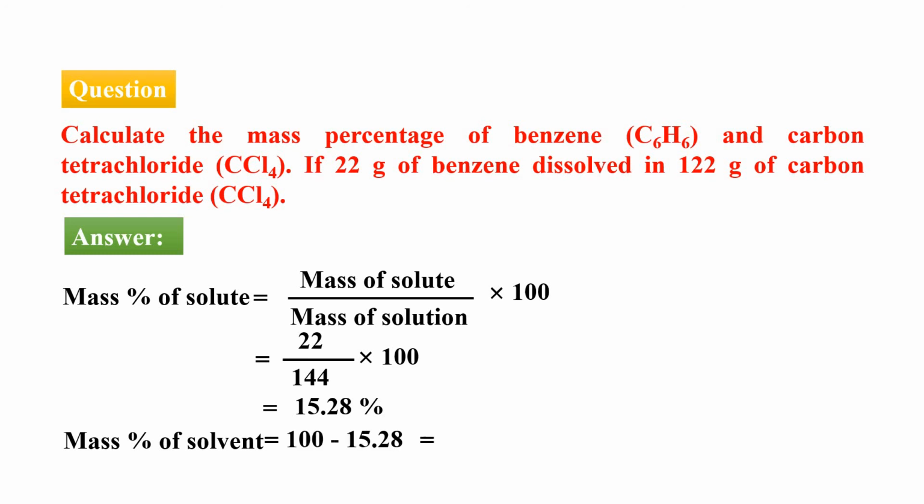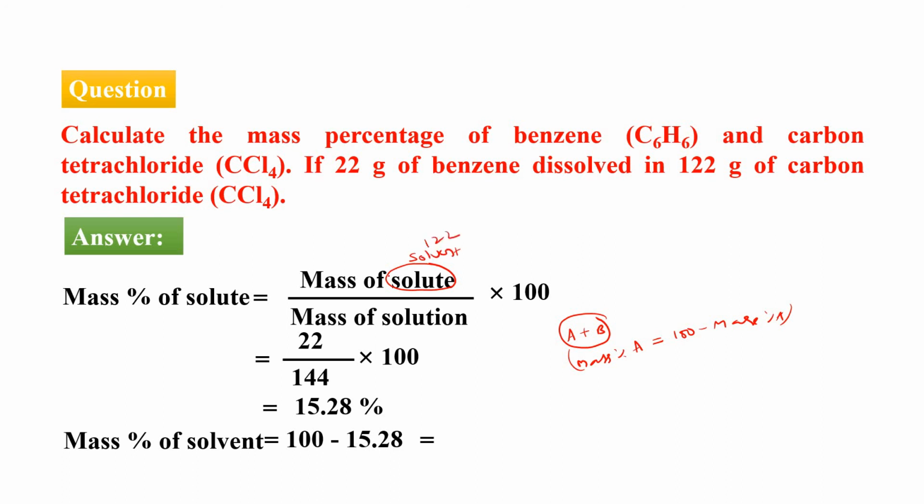Otherwise, we can also calculate it this way if there are only two substances. If a solution is made up of A plus B, and the mass percentage of A is already known, then the mass percentage of B is 100 minus the mass percentage of A. Otherwise you can take the formula again with the solvent.